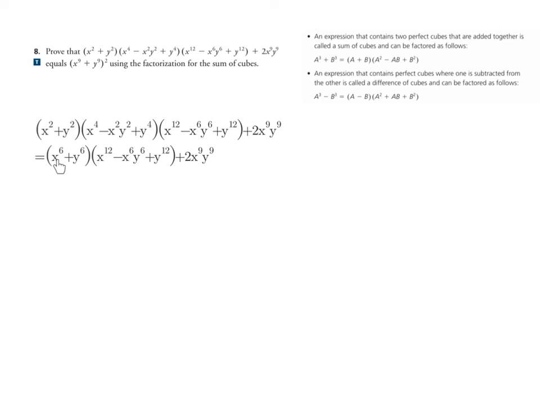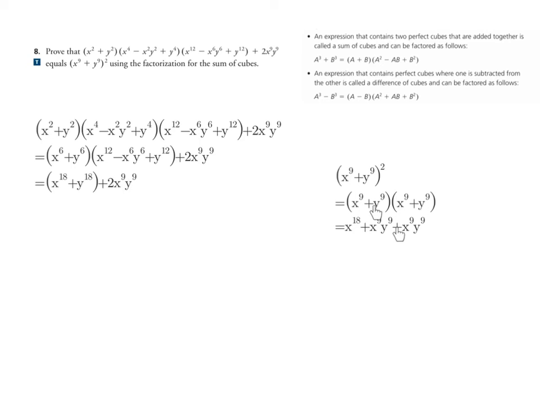So it's actually x to the 18 plus y to the 18. All of this is x to the 18 plus y to the 18. Now if we just look at x to the 9 plus y to the 9 squared, that's just x to the 9 plus y to the 9 times x to the 9 plus y to the 9, and if we expand that, we get x to the power of 18 plus x to the 9 y to the 9 plus x to the 9 y to the 9 again plus y to the power of 18.